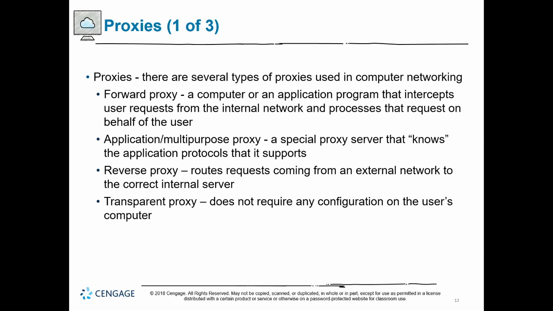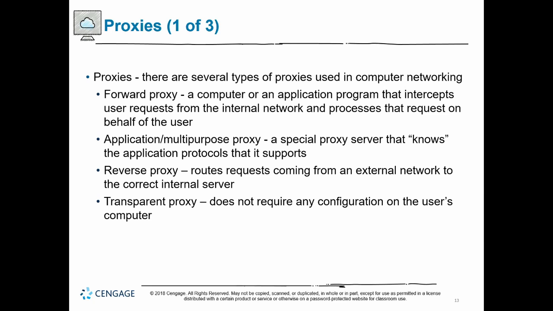Application multipurpose proxy, a special proxy server that knows the application protocols that it supports. Reverse proxy routes requests from an external network to the correct internal server. So while a forward proxy is a proxy for workstations and computers, a reverse proxy, you can kind of think of it as a proxy for a server.